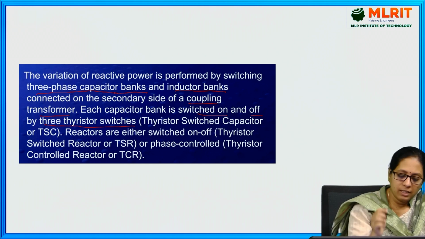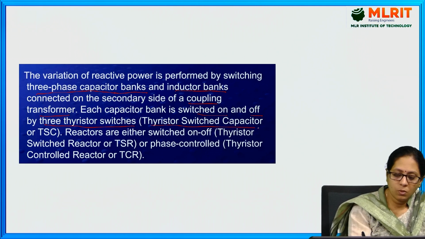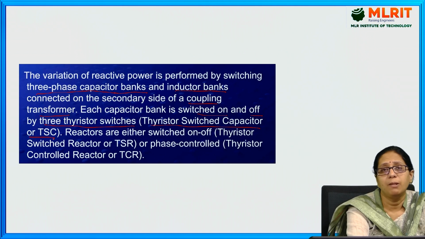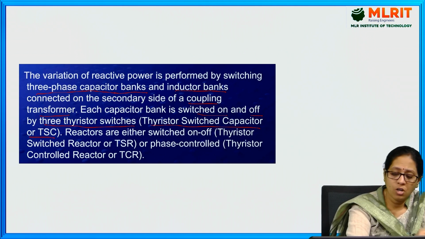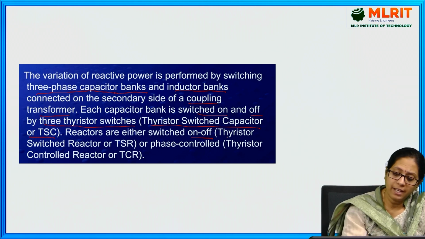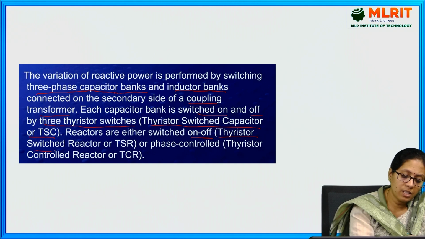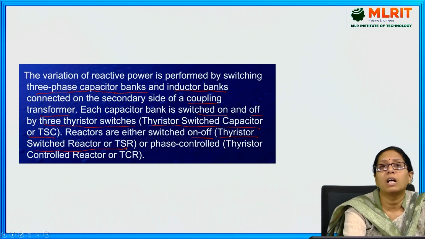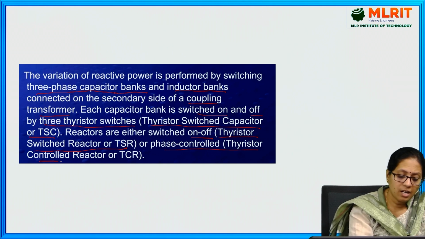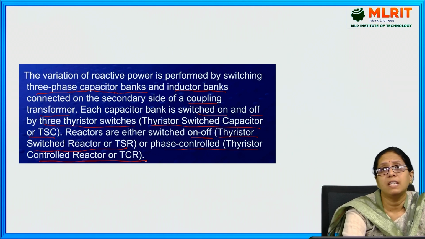And this is called a thyristor switched capacitor, that is TSC. And reactors are either switched on or off. The reactors are switched on or off using thyristors again. Thyristor switched reactors you will call TSR, or phase-controlled thyristor controlled reactor, TCR.